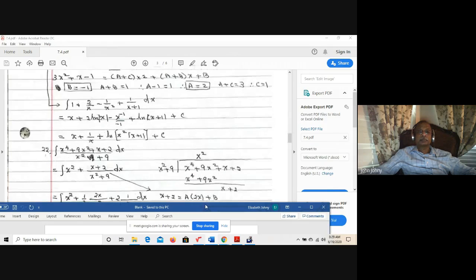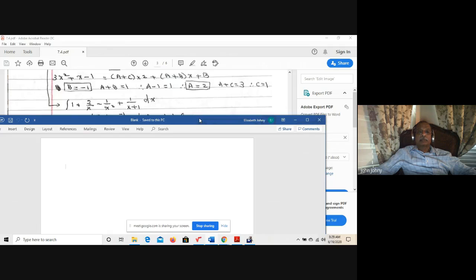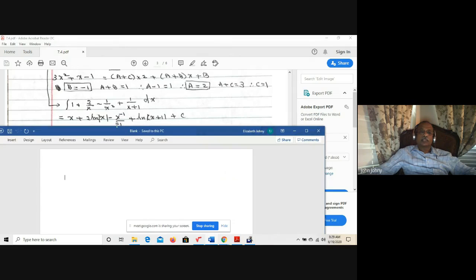Therefore, that integral becomes 1, that was the quotient, plus a over x, that is 2 over x, minus 1 over x squared, plus c over x plus 1, that is 1 over x plus 1. And now the antiderivative of 2 over x is 2 times natural log of x.